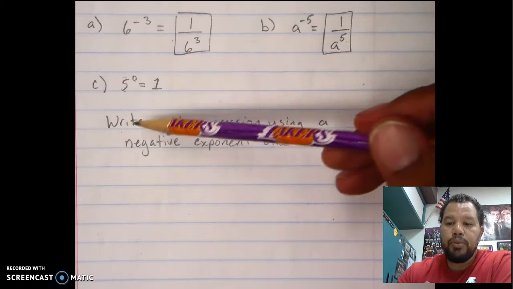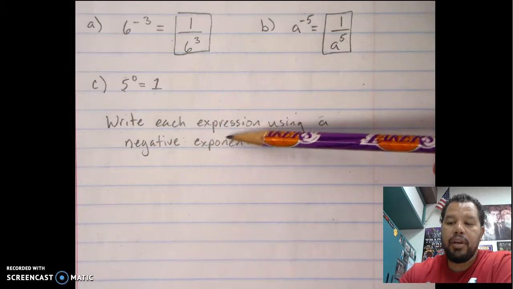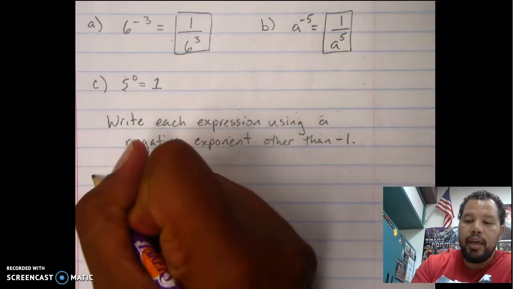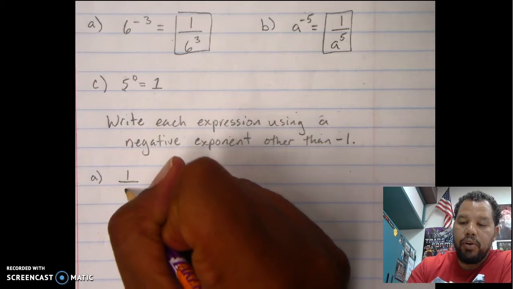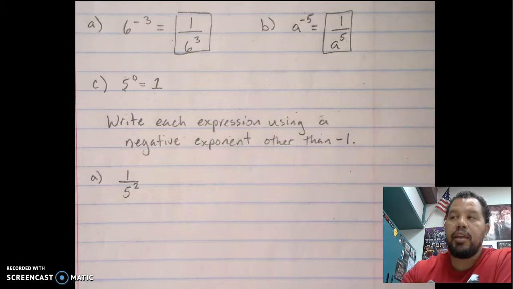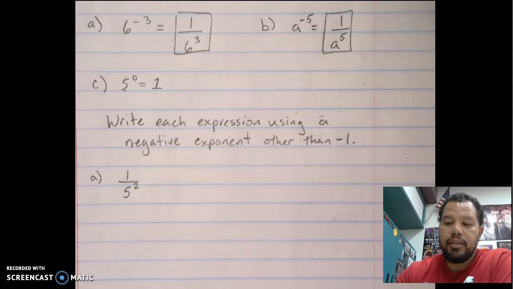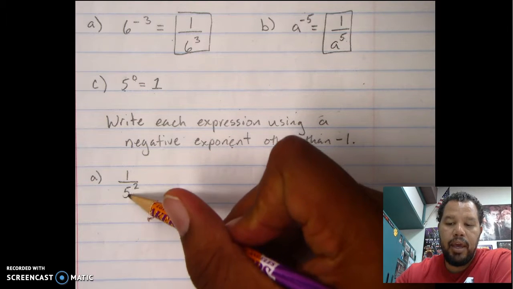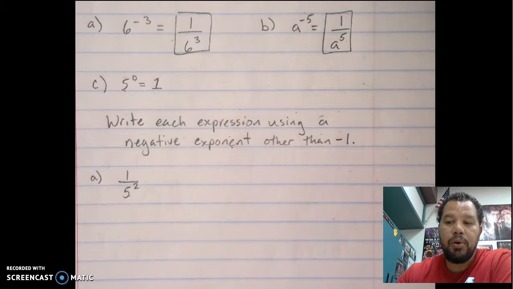In these examples, we're going to write each expression using a negative exponent other than -1. The first one, we have 1 over 5 to the second power. How can we rewrite this as an expression with a negative exponent? Here we have 5 in the denominator with a positive exponent.